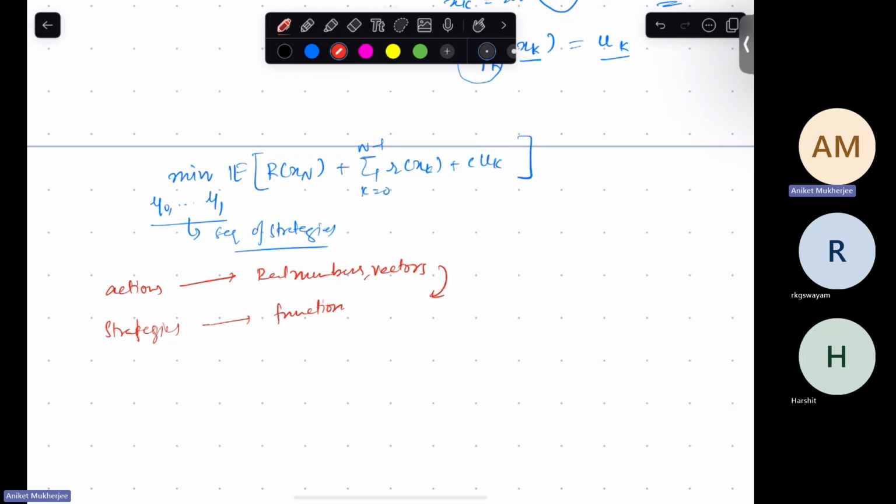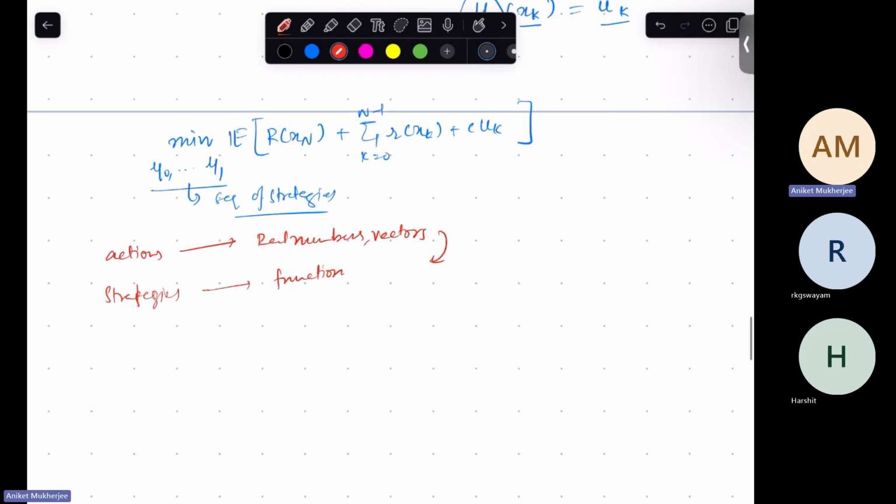If there was no randomness in the system, then you would exactly know what your xk's are. You take u0, you exactly know what your x1 would be. Since you know what your x1 would be, it is just an optimization problem that you need to solve. But since you have randomness here, it's not just an optimization problem, you need to come up with something else.